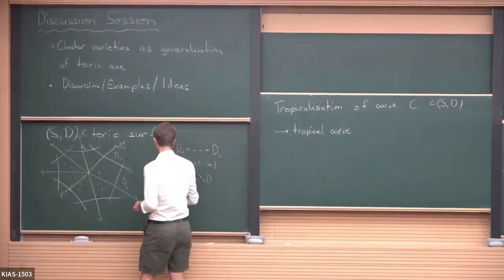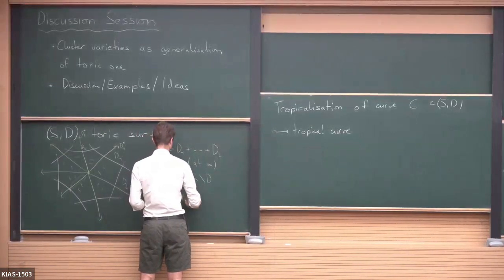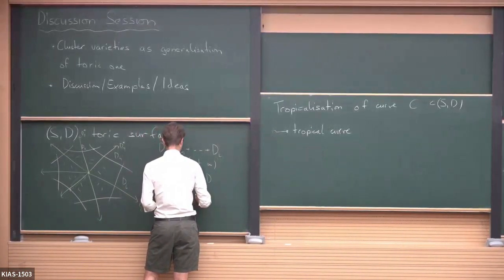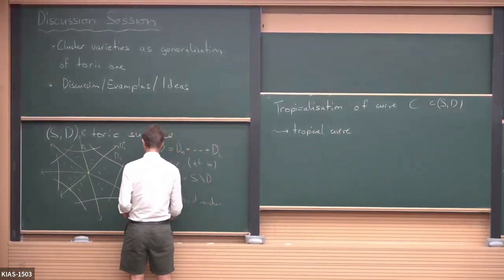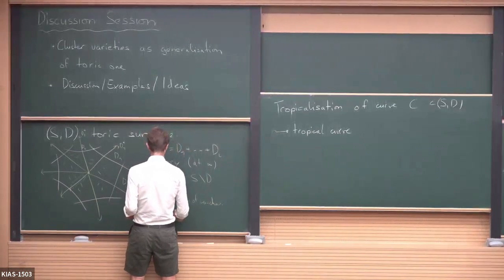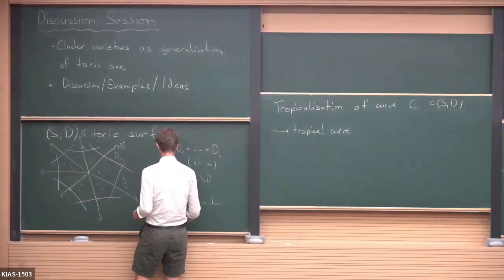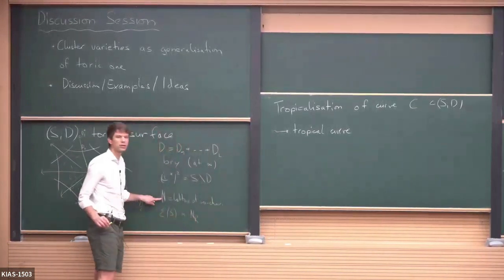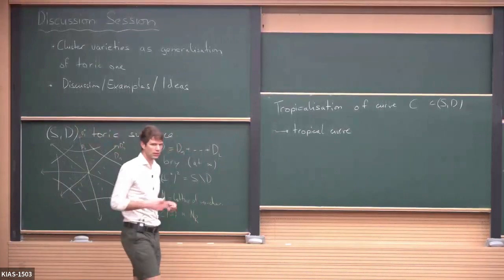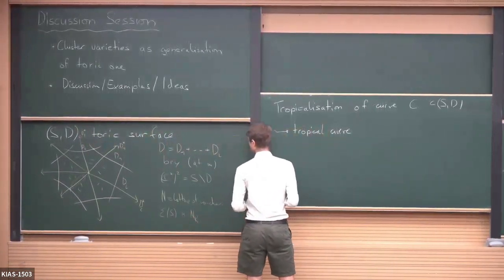So N was the lattice of co-characters, and then we define the fan of S in the tensor product of the lattice with the reals, a vector space. So this is isomorphic to R2.